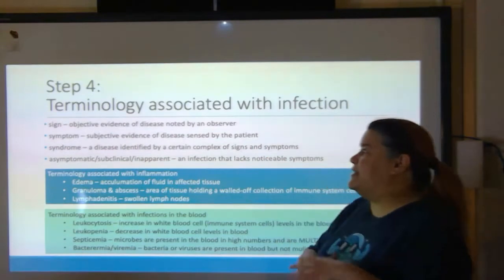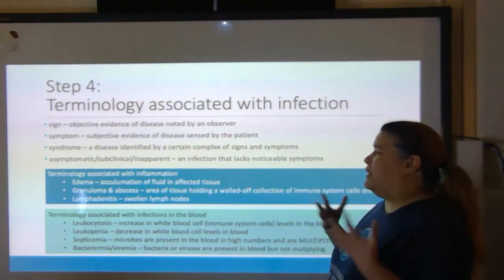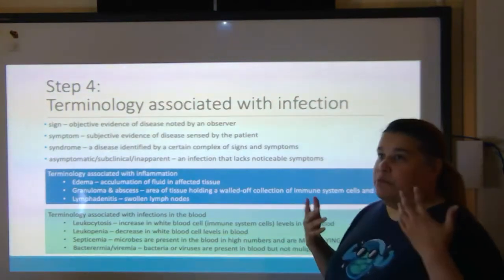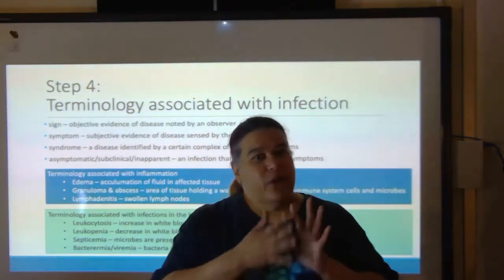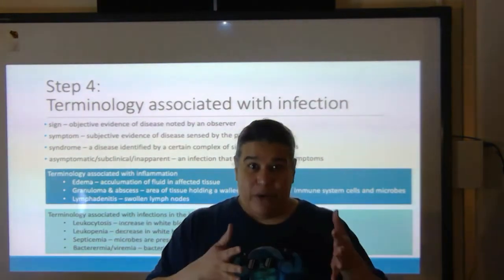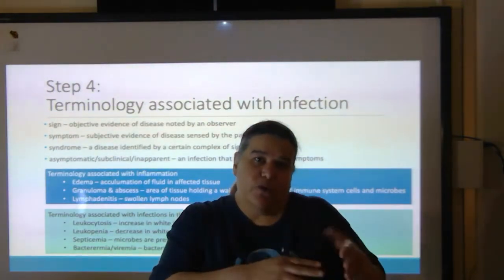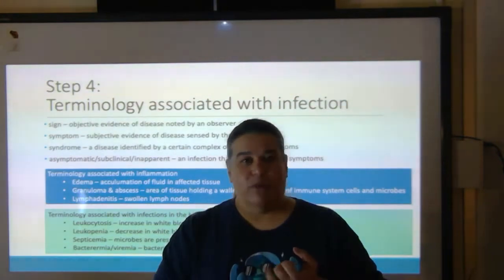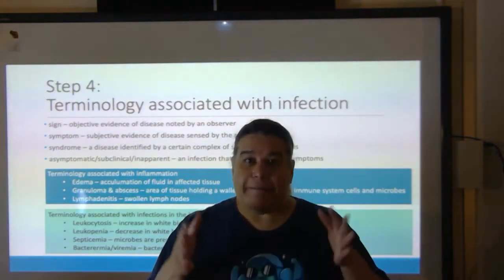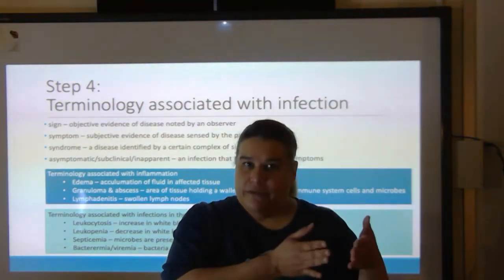Syndrome. It's a disease identified by certain complex signs and symptoms. If somebody has multiple sclerosis, there are a whole series of things that a doctor checks for to narrow the diagnosis to multiple sclerosis. There are specific signs that they will see, and there are specific symptoms that the patient will mention that will kind of drive to that.